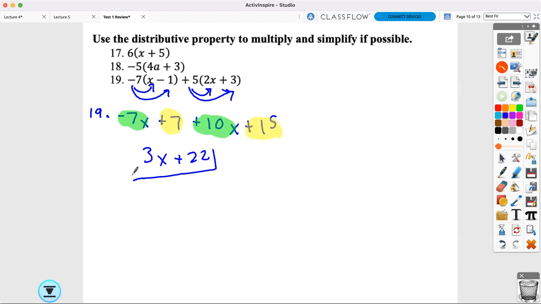And we are done, because can we combine 3x and 22? No. That is correct. Are there any questions on the steps we took for 19?